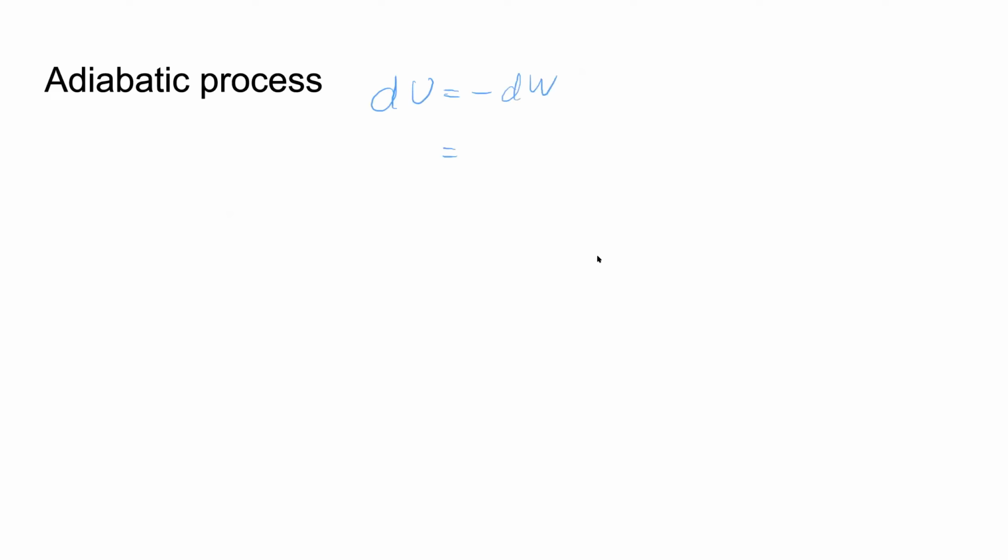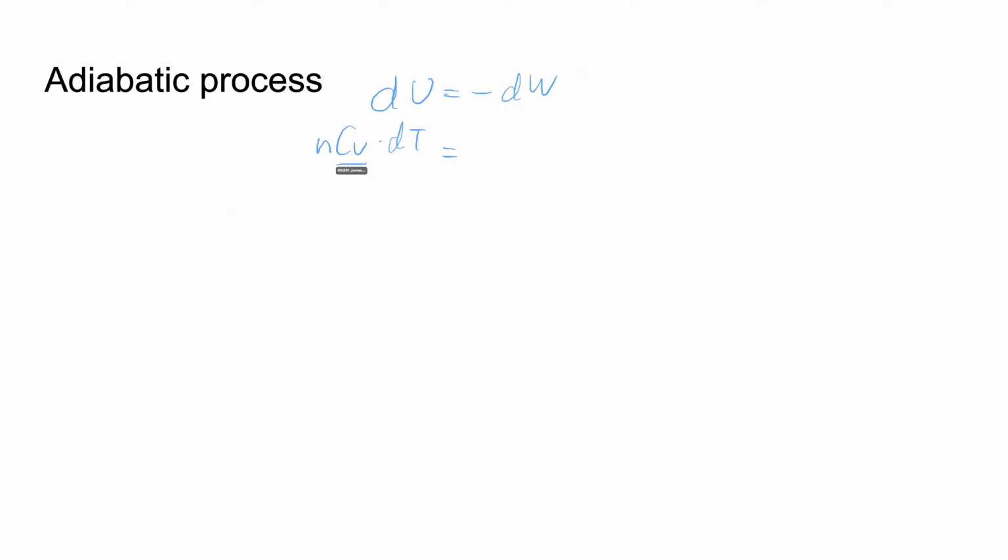A very interesting property of adiabatic expansion is that when we write out the equation for the work done, as I said, dU equals negative dW, and the change in energy is just n times Cv times dT.